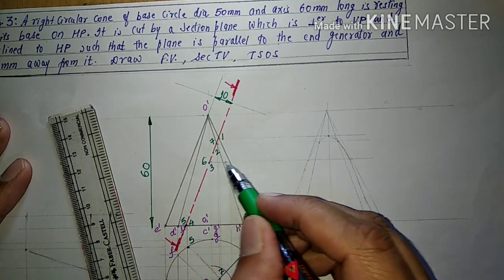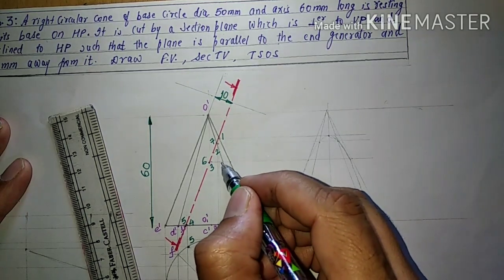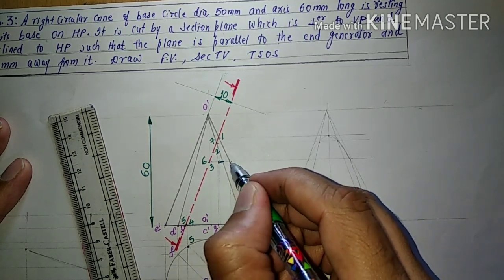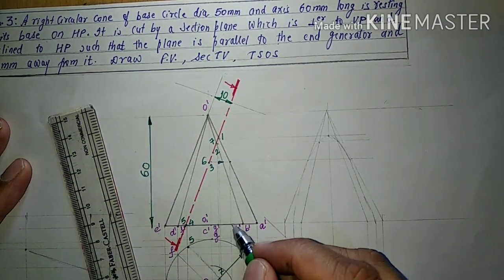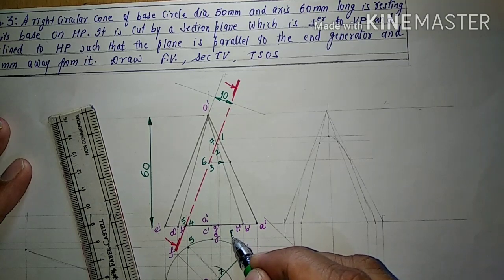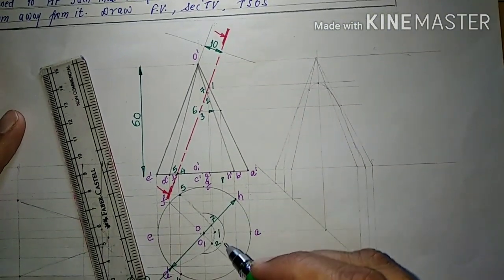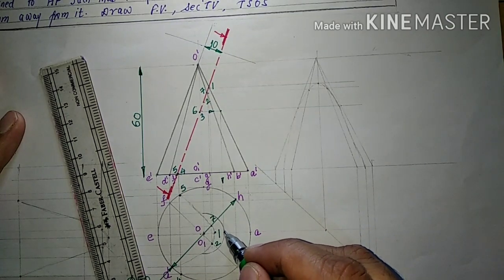So we'll transfer this 3 and 6 on the true length. From the true length, we'll transfer it in the downward direction. This arrow is just for the representation purpose. Then in the top view, it will come on OA.